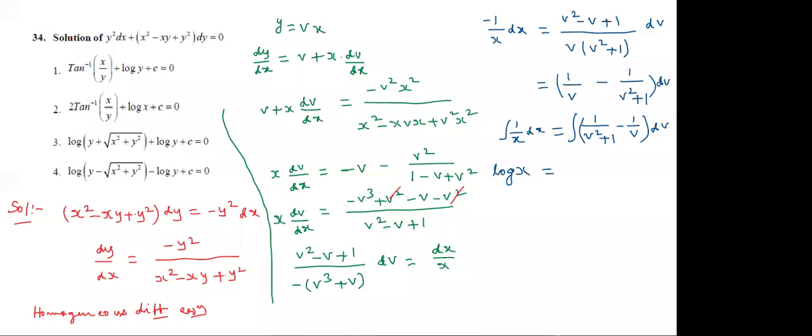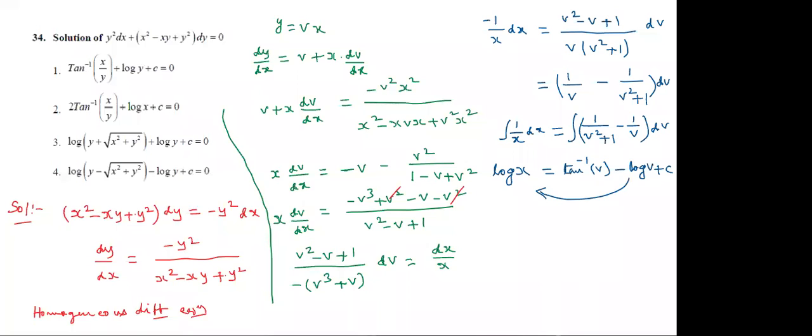That's equal to integration 1 by v square plus 1, that is tan inverse of v, minus integration 1 by v dv, log v. Then where do we want to write the constant? Tell me. So here write plus c minus log v. This is the same left hand side.